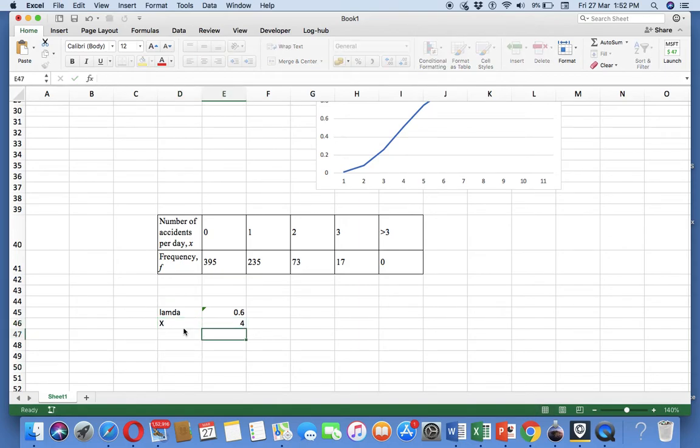And now we're going to calculate the probability using the formula. So the probability of x is going to be calculated using the Poisson distribution.